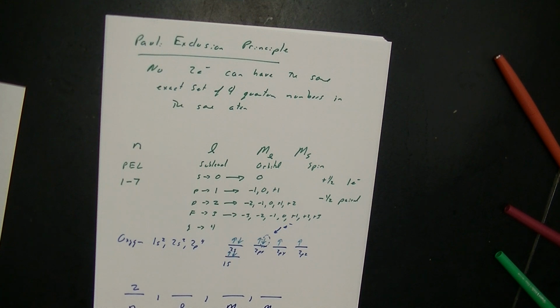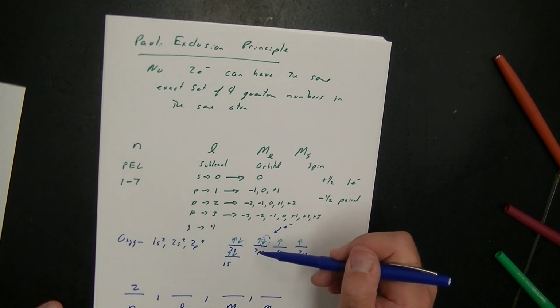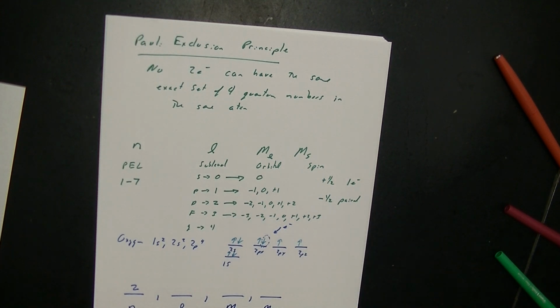Now, L is telling us which sublevel this is in. We're in a p orbital, so this is 1.